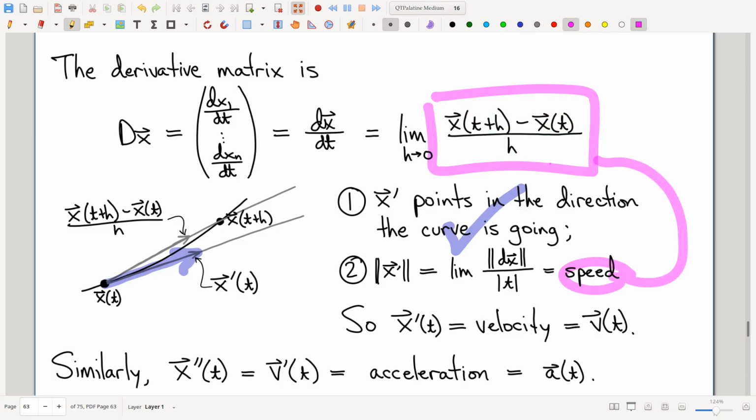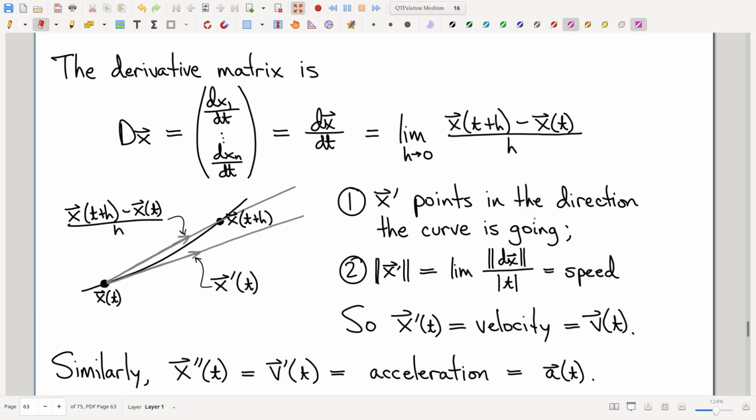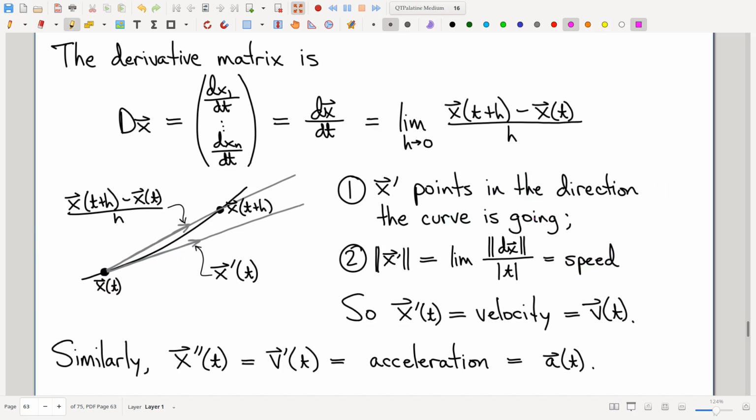So altogether then, this derivative is a vector that points in the direction of motion and whose magnitude is the speed, and that's the definition of velocity. So it works out really nicely that for a parametric curve, or for a parameterization, the derivative is the velocity.